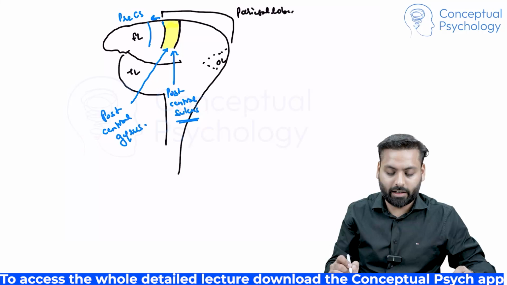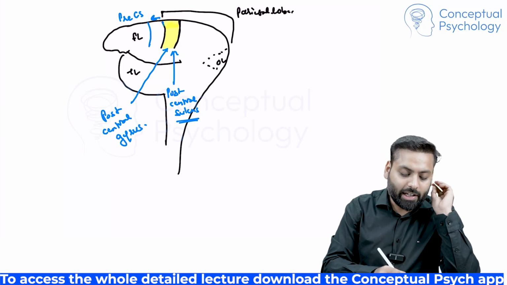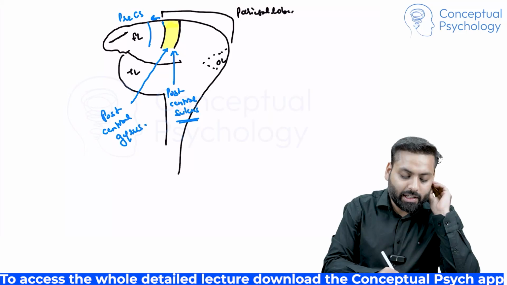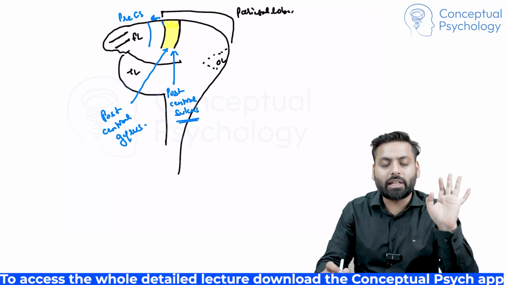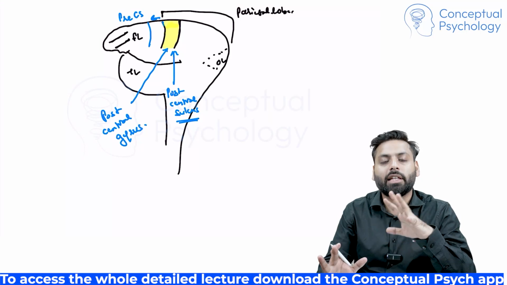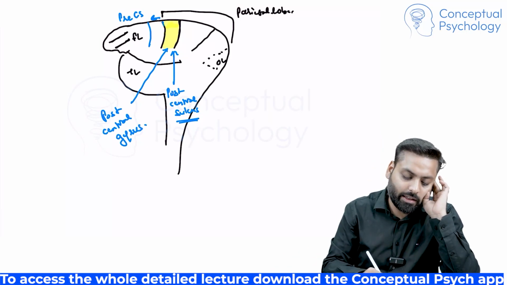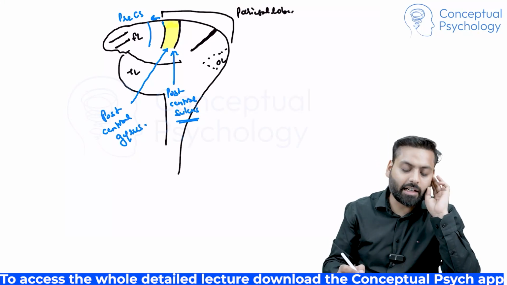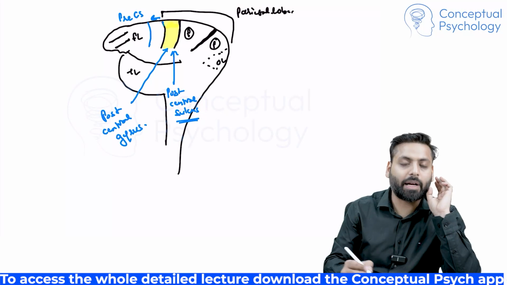Post-central gyrus. Now, in the frontal lobe, we saw the superior frontal sulcus and inferior frontal sulcus. In the parietal lobe, we don't go into that many intricacies. There is no such big fuss. Only one sulcus is there. This. So what is this sulcus doing? Here also there is parietal lobe, here also parietal lobe.